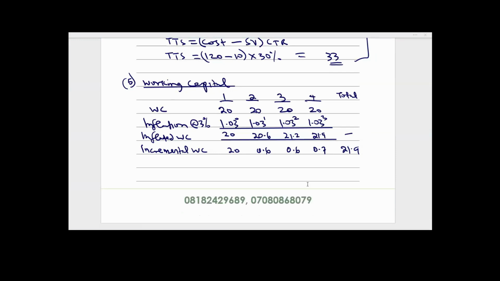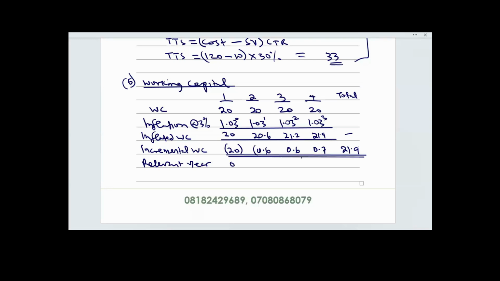That's it. So at this point, the rule says that working capital should be treated as a cash outflow in the year before the year of occurrence and then recovered fully at the end of the useful life. So what that simply means is that I can then come here and I will say relevant year. The working capital of year 1 of 20 million should be treated as cash outflow in the year before year 1, which is year 0.